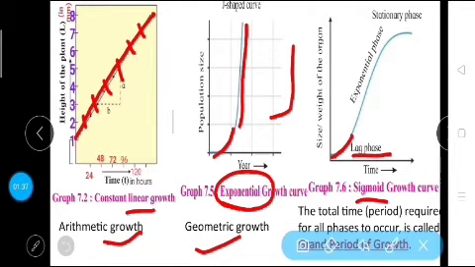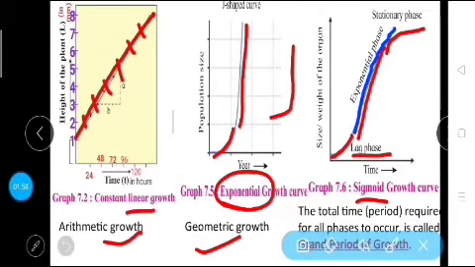Okay, after a particular time, the growth rate is at its optimum level, and later on it goes on decline.